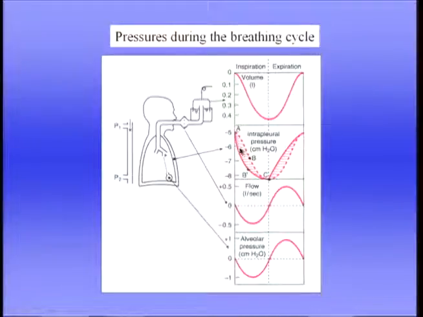In fact, the shaded area here indicates the additional fall in intrapleural pressure caused by the fall in alveolar pressure.